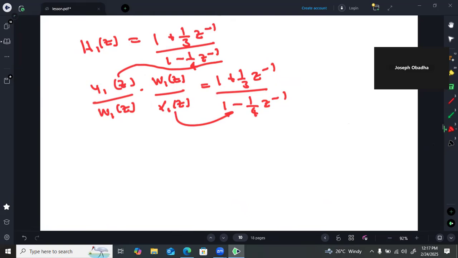So that means Y1(z) over W1(z) equal to 1 + 1/3 z^-1.